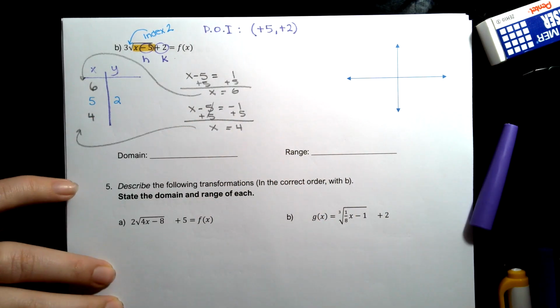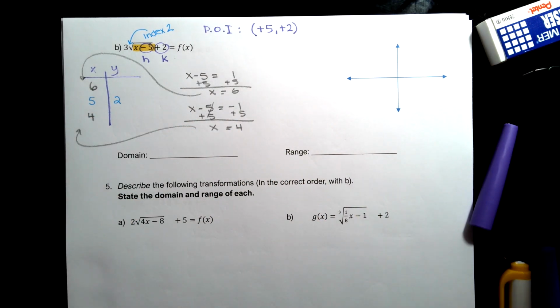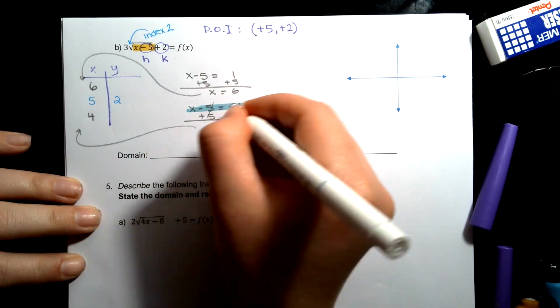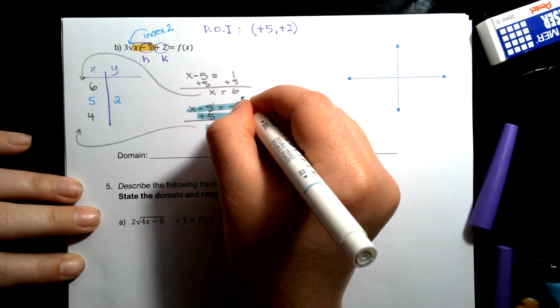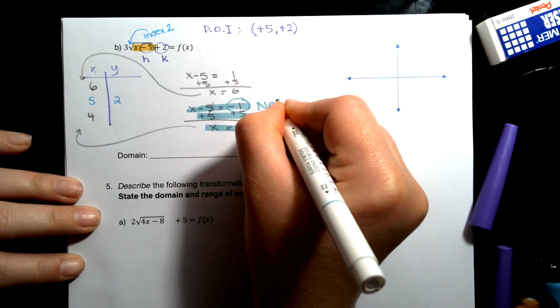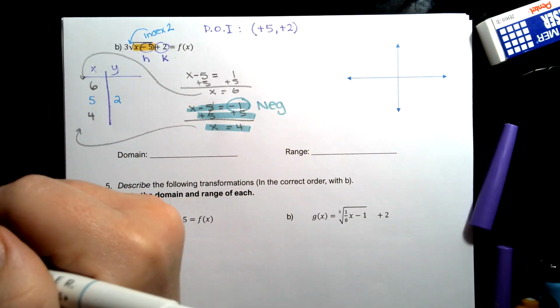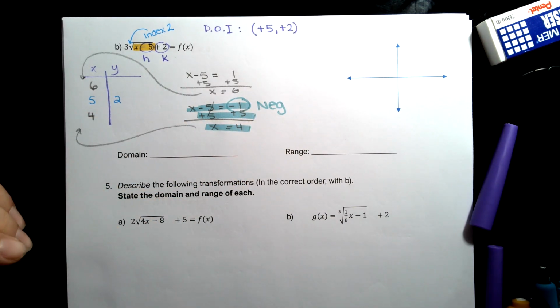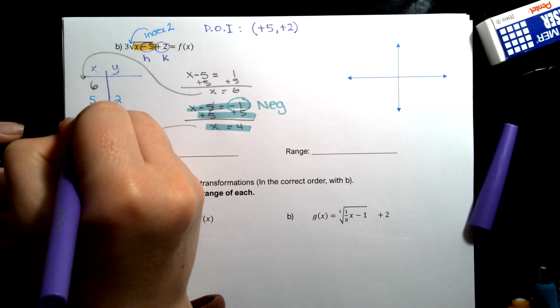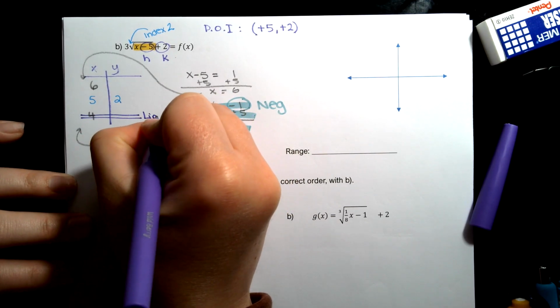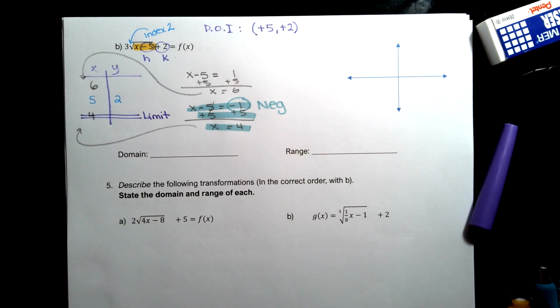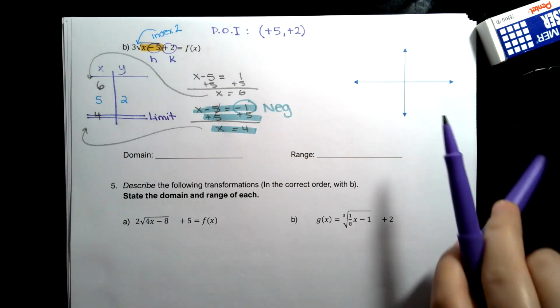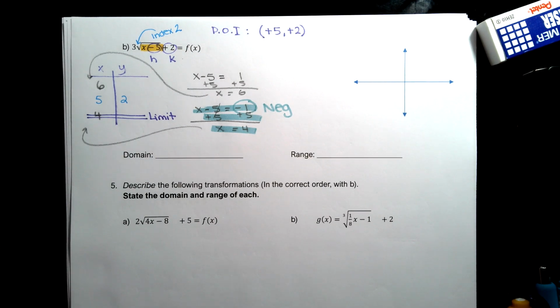Now, immediately, the one that gives you that -1, this negative, we cannot use. There's a limit, okay? We cannot take a square root of a negative number.